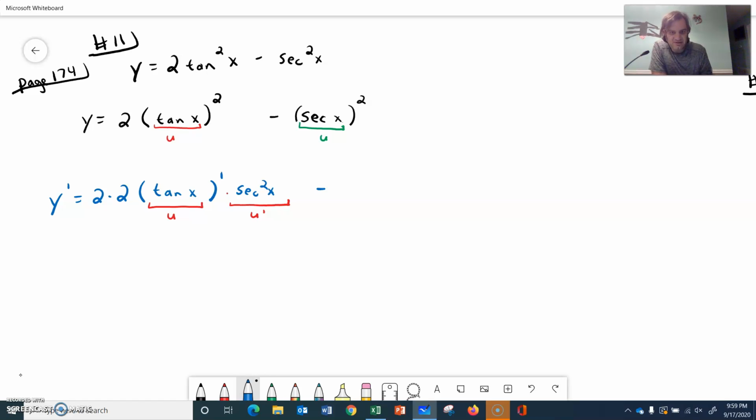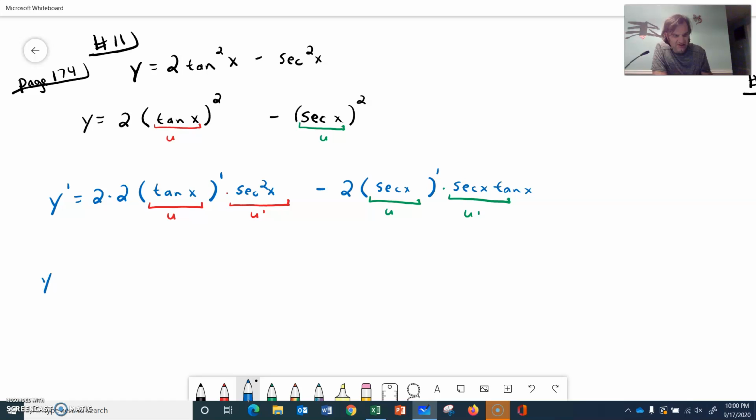The power will come out front, so it'll be 2 times the u, which is secant, times the derivative of u. That'll be to the first power. Put the secant back in for u, and the derivative of secant is secant x tangent x.